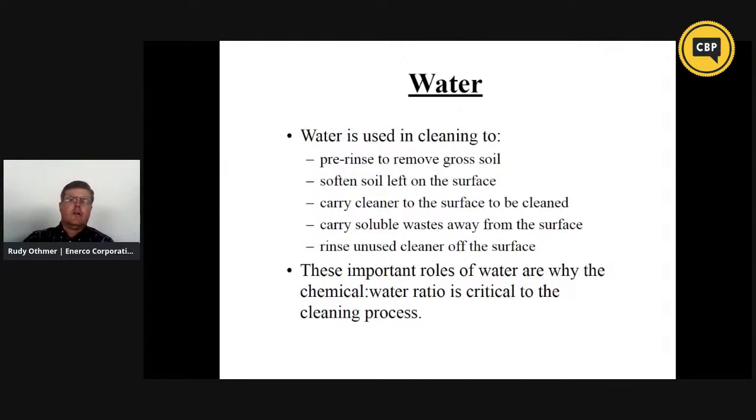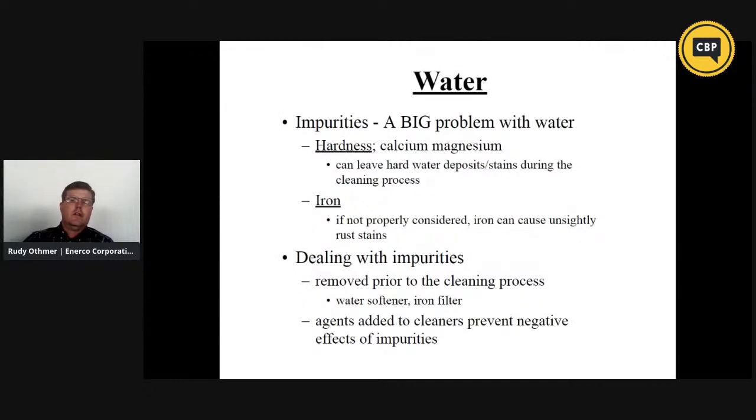Now, all these wonderful characteristics of water and its very good usefulness come with several big problems. When we say water, we're typically talking about water plus all of the impurities that it has already dissolved in it, that it's carrying with it from our city or from our well, whatever our source is.